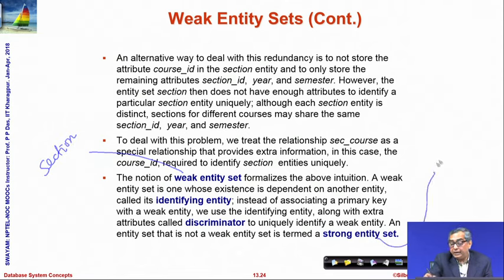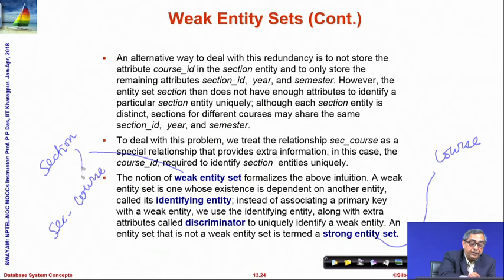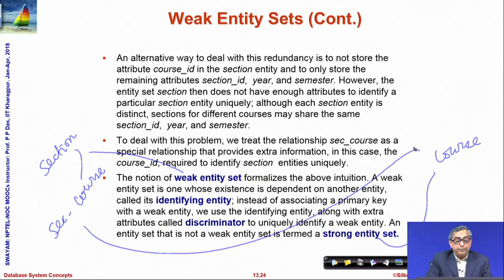We have a strong entity set which is course. Why is it strong? Because course is identified by course ID itself. Section is not, unless you have a sec course kind of relationship set between the course and the section, which specifies that, well, for this course, this is the section, this is the year, this is the semester.